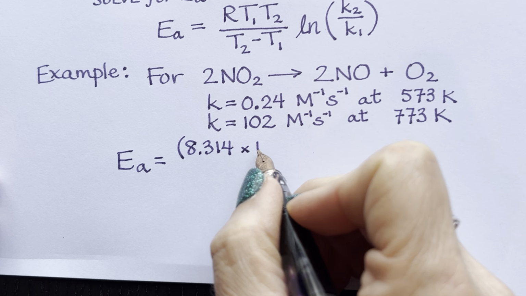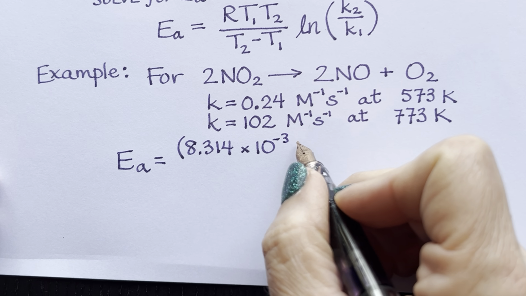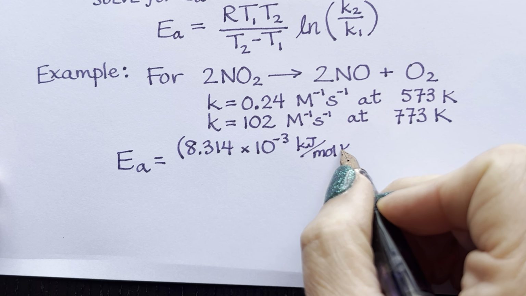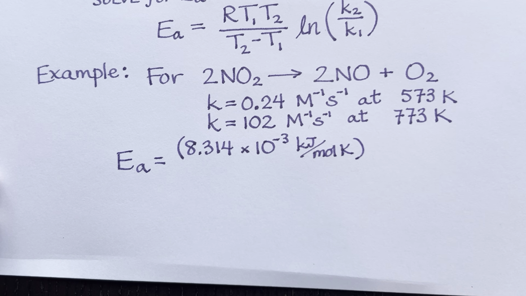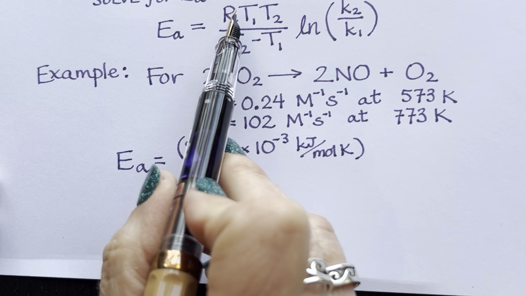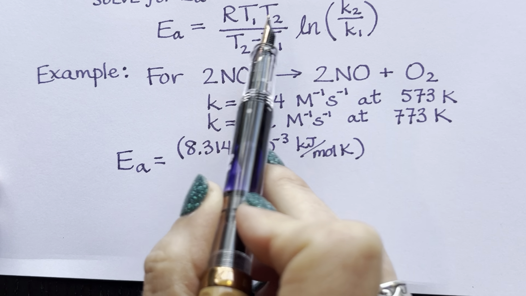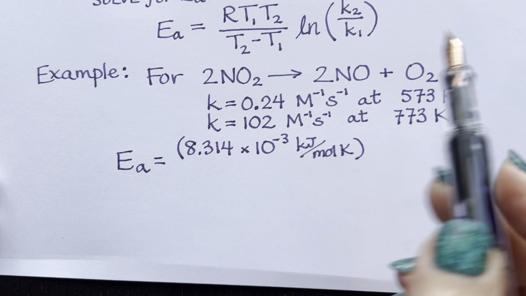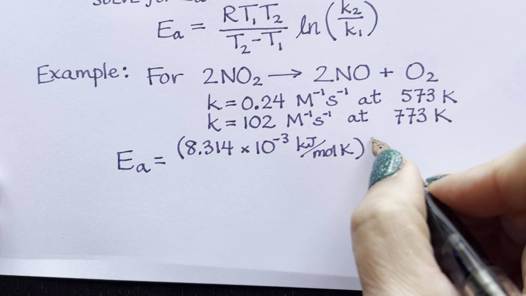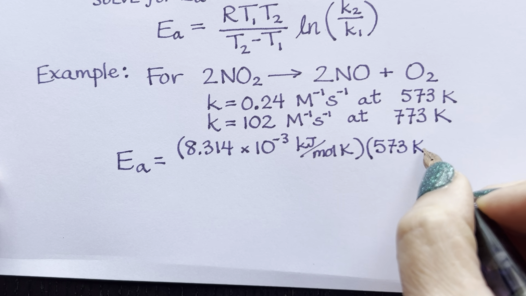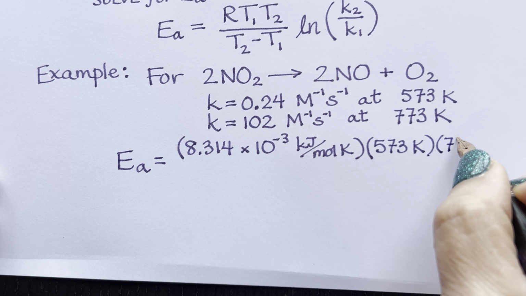Let's put it in kilojoules per mole times 10 to the minus 3 kilojoules per mole Kelvin. That's what I meant to say. Here's our gas constant. Now we're going to multiply each of these temperatures. We'll put in the 573 Kelvin and the 773 Kelvin.